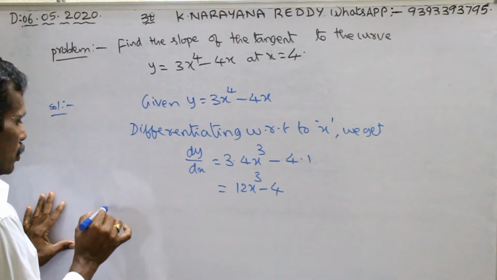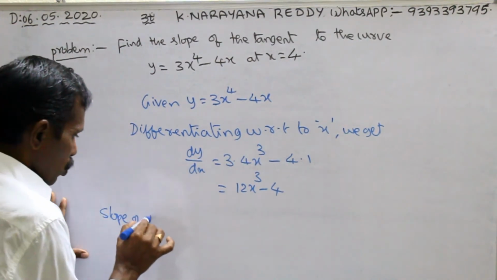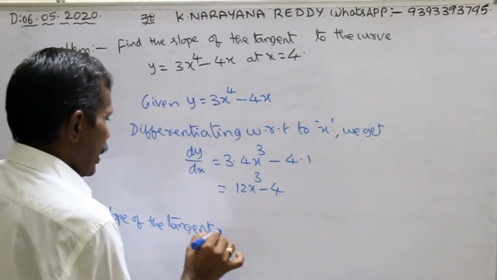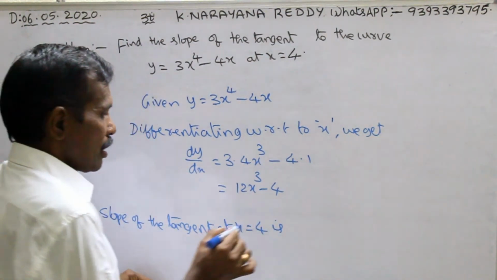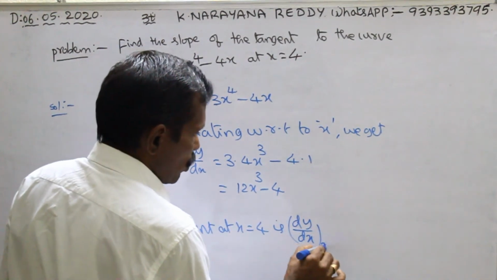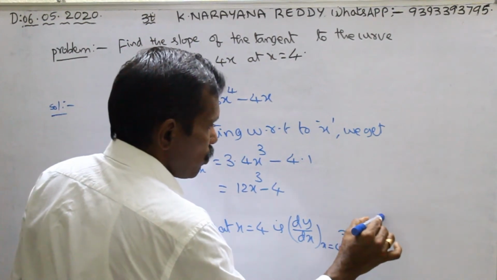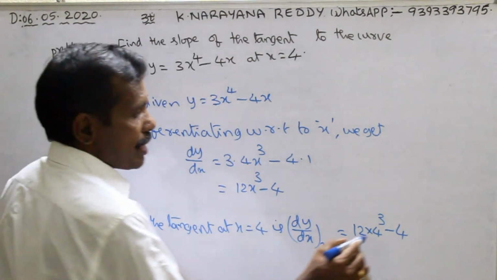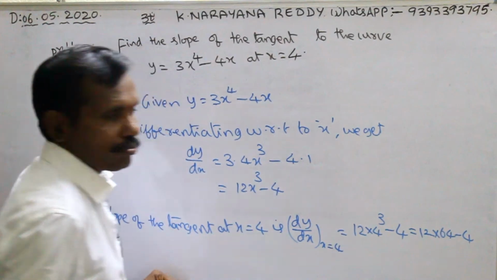So the slope of the tangent at x equal to 4 means dy by dx at x equal to 4, that means 12 into 4 cube minus 4, that means 12 into 64 minus 4.